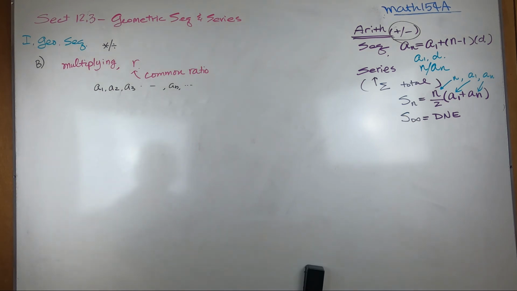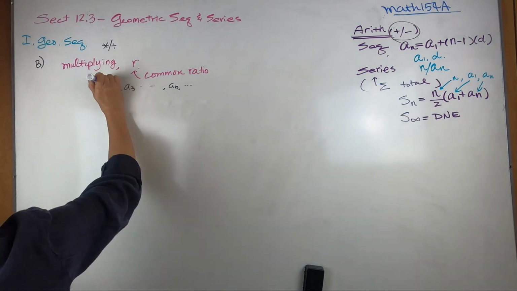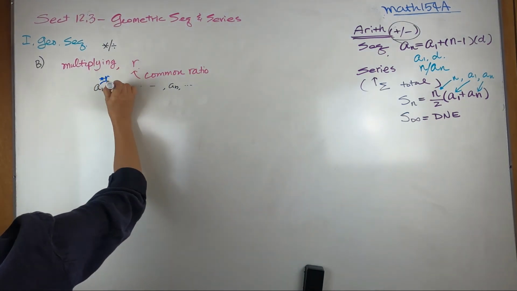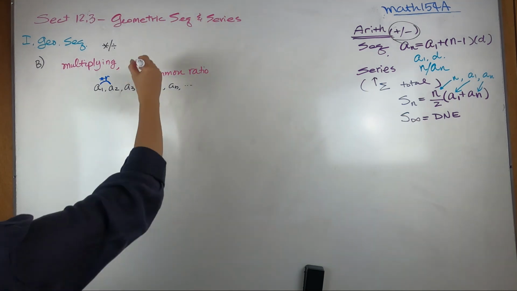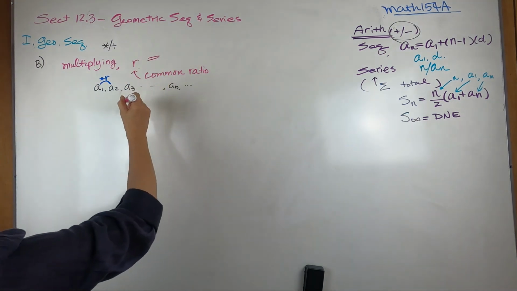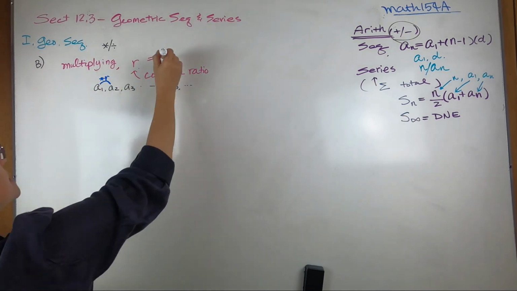The common ratio means how we multiply by this number to get the next term. So our r will be the next term divided by the previous term.